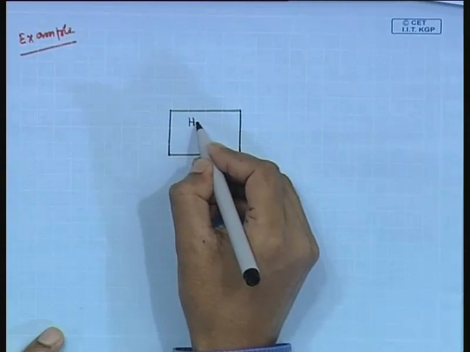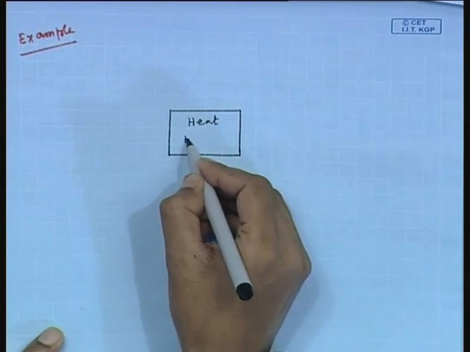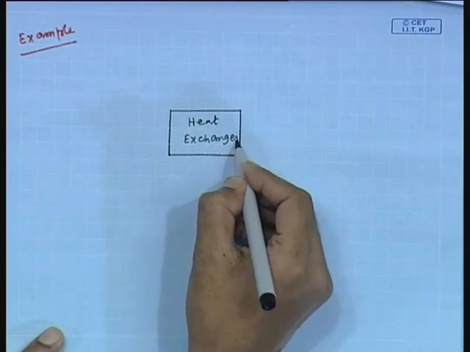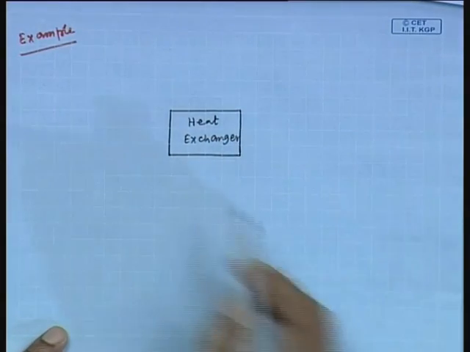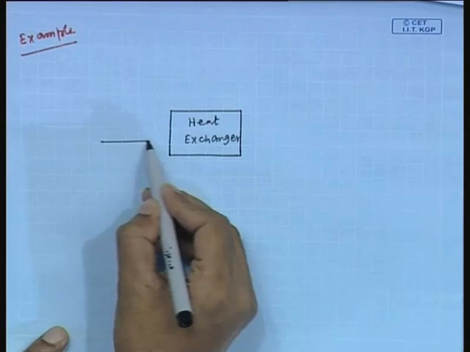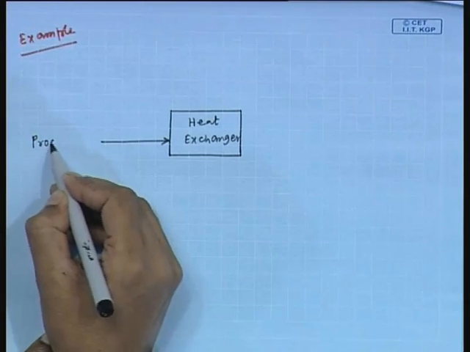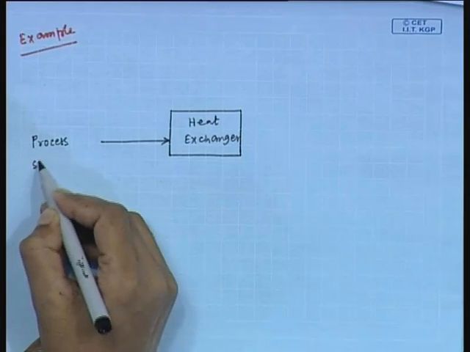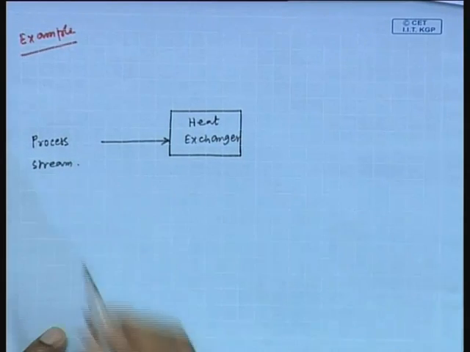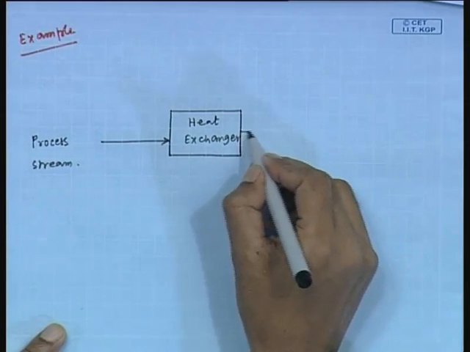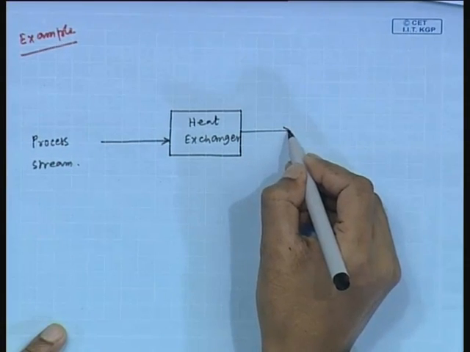This is a heat exchanger. This is the process stream, and this is the output of the process stream.